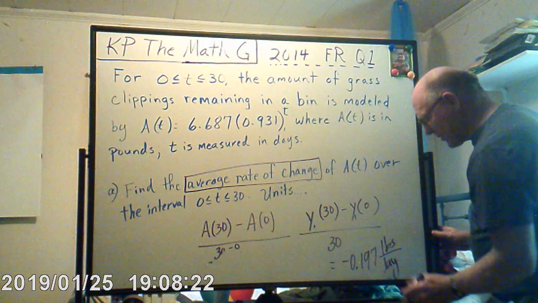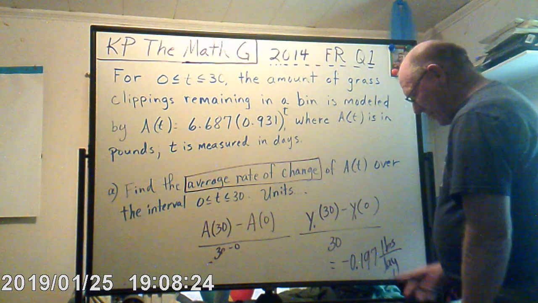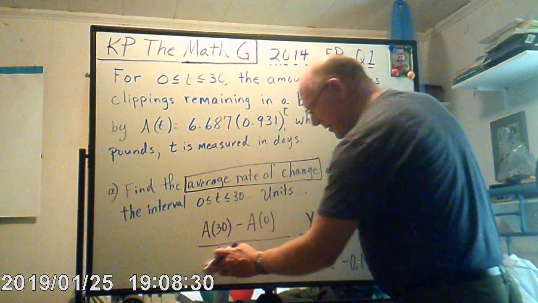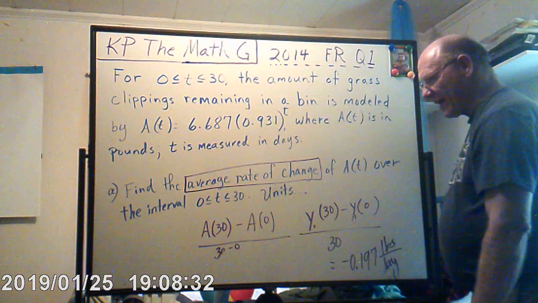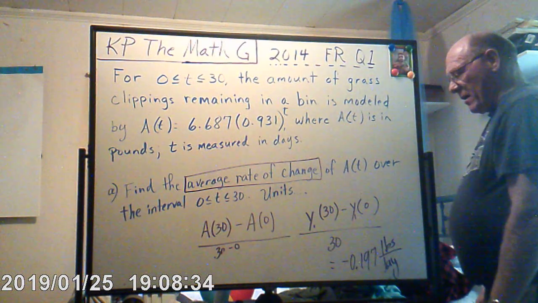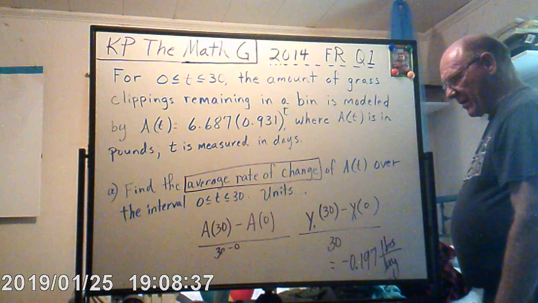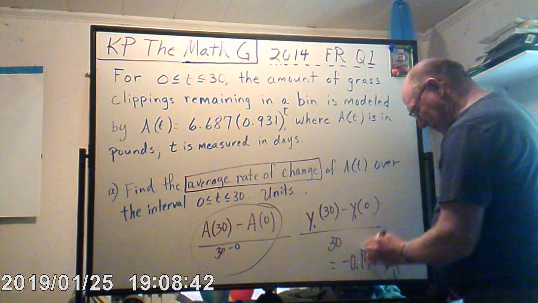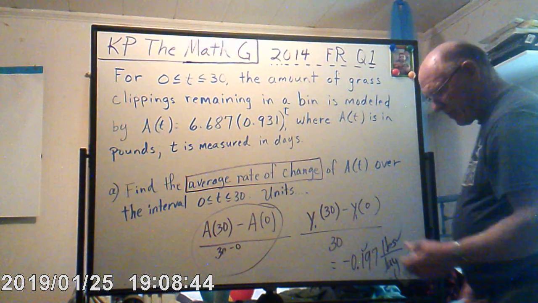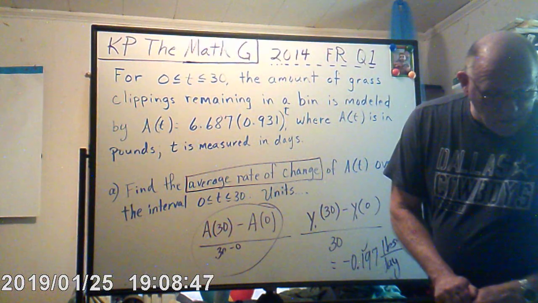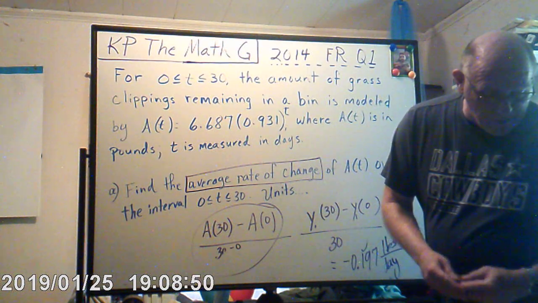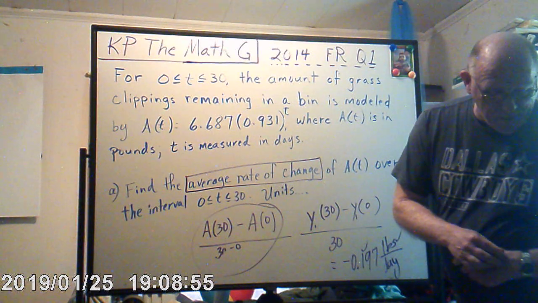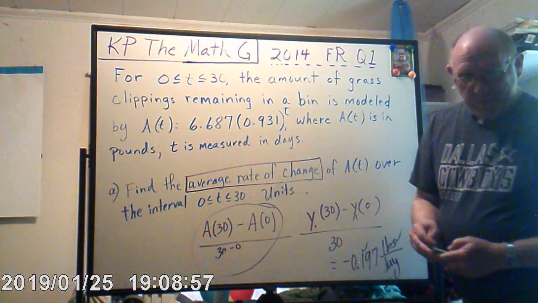Alright, they're going to make that as simple as possible. And this, you can leave the negative, you don't have to explain that. It is a negative answer there, so you can just leave it like that, okay? Alright, and if you show this and come up with this answer here, and the units, I think it's only 1 point, answer with units. Alright, B part is the answer with the interpretation.